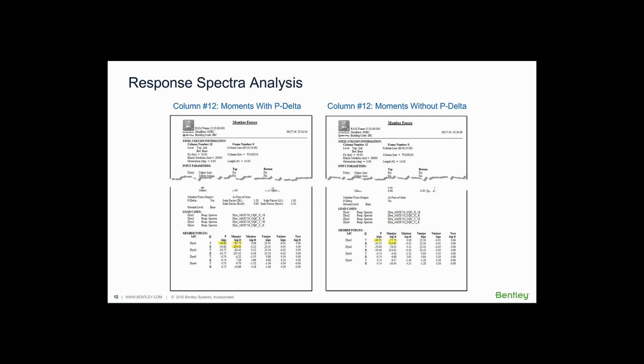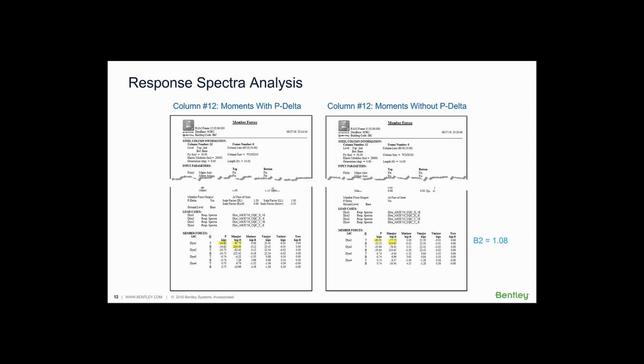If your P delta analysis is based on an iterative analysis approach, and therefore it's not included in the response spectra analysis, a recommendation that I've seen given is to apply the B2 factor. That's certainly an approach that could be taken here.